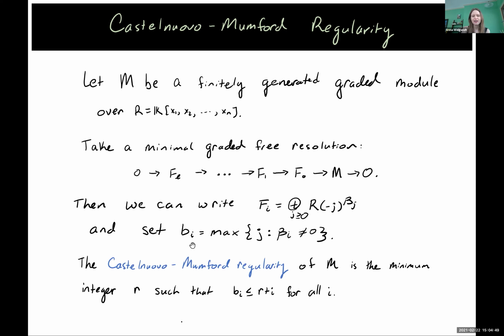And this b_i is going to be the maximum of these beta_j, or of the j degrees, so that beta_j is not equal to 0 in this direct sum decomposition. Then the regularity of your module is going to be the minimum integer r so that r plus i is greater than or equal to b_i for all i. Now this is too vague, so let's point at things in an actual example.